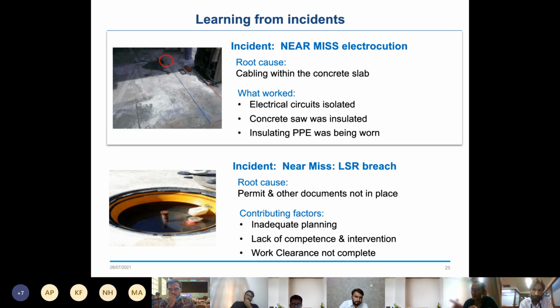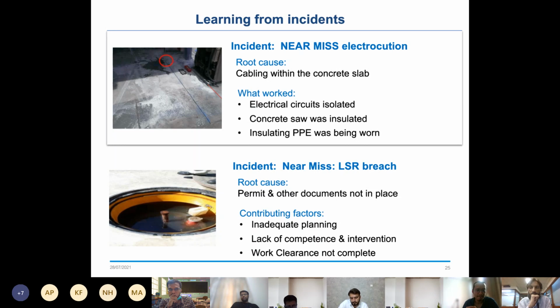Normally, in this case, if you look at the photos, we treat this as a high risk activity, whereby you need to mobilize some equipment, and there is some risk that a contractor might use non-explosion proof equipment. Hence the permit needs to be issued as part of the control. So when there is a failure in issuing a permit, it becomes an LSR violation.